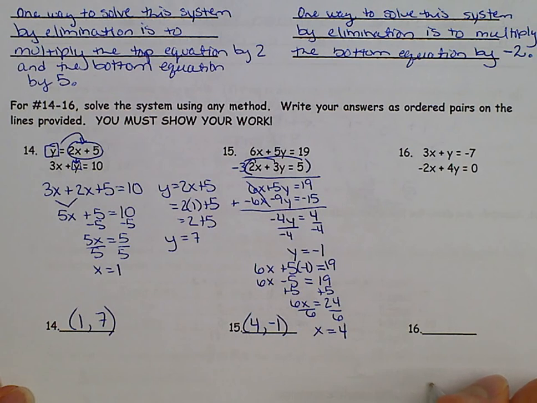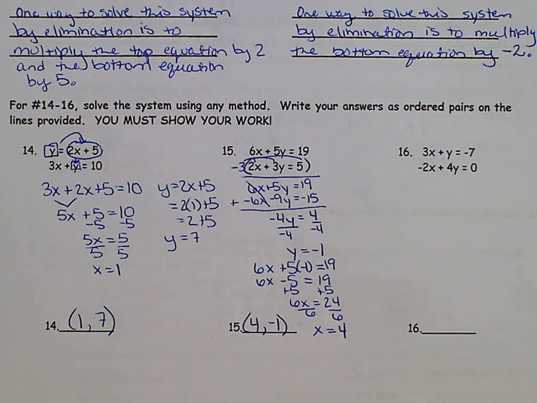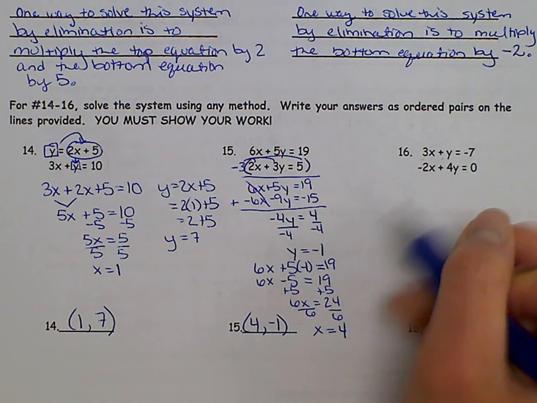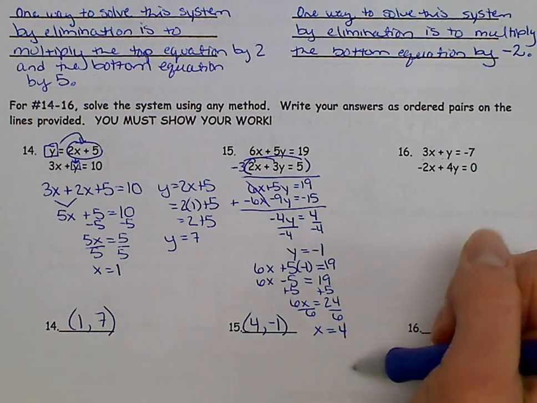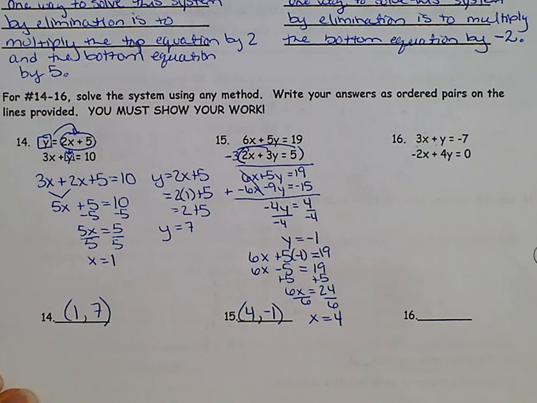Okay, and the next one. This one, it really is personal preference. You could use elimination because they're both written in standard form, or you could notice that the y has a coefficient of 1 and subtract 3x from both sides and use substitution. This one is personal preference here. For me, I personally like to use elimination when they're already in standard form.